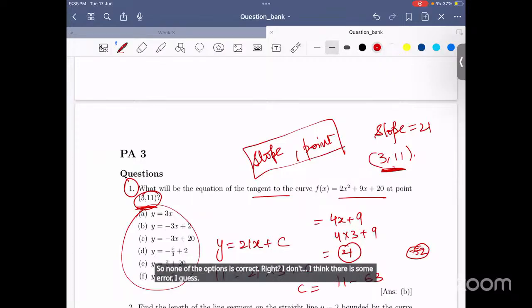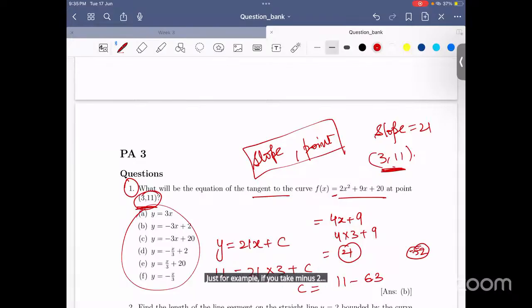But yeah, if this was the question given, let's say as an example, if you take minus 2x square plus 9x, what will you get? Minus 4 times 3 plus 9. Yeah, then you'll get the correct one.